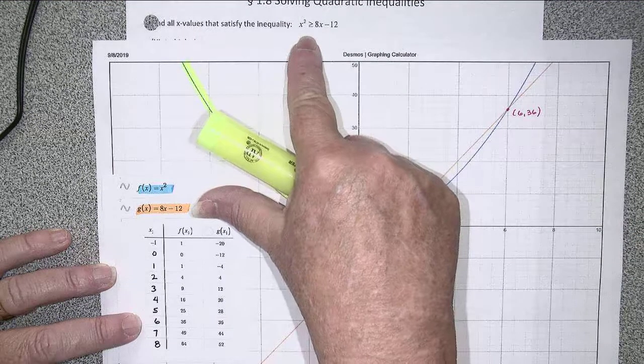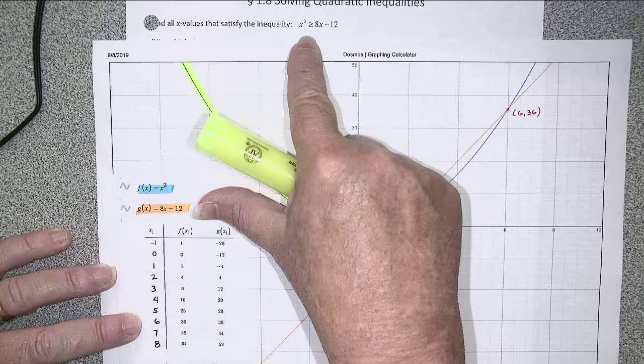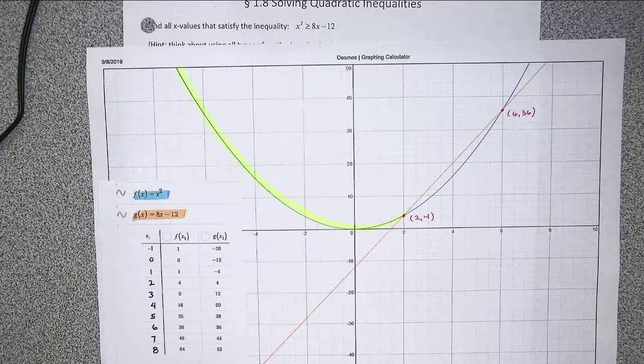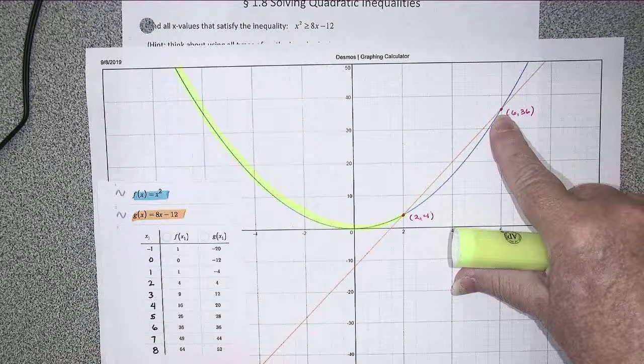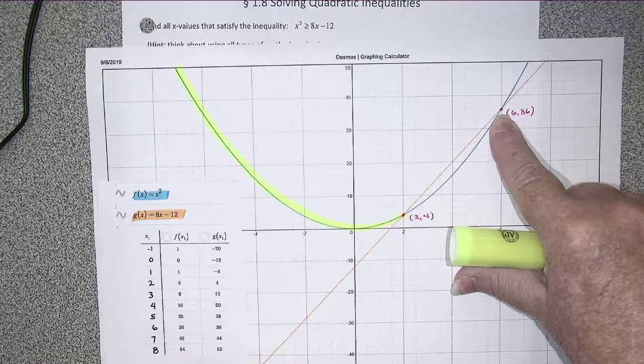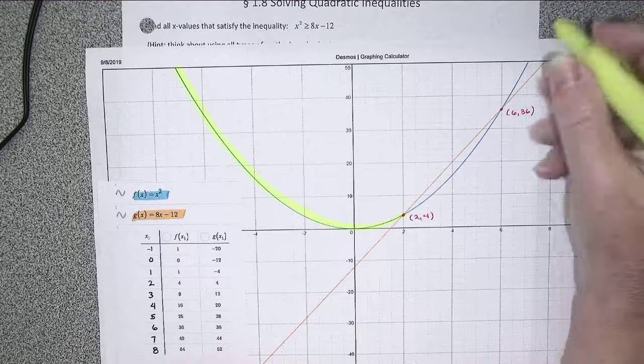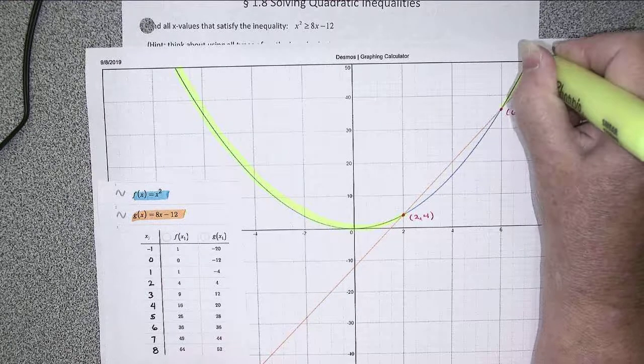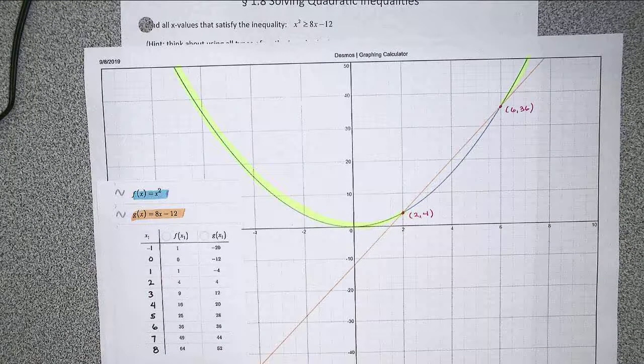And that's not what we want to have happen based on our inequality. So I'm going to skip over this for a while. And then notice it changes again at the intersection point (6, 36). At this point, once again, the parabola, x squared, becomes bigger than, or above, the line 8x minus 12.